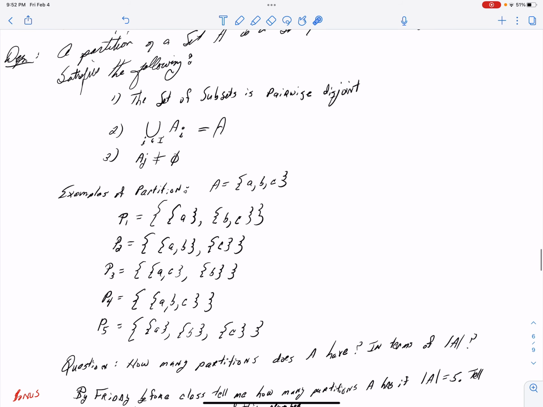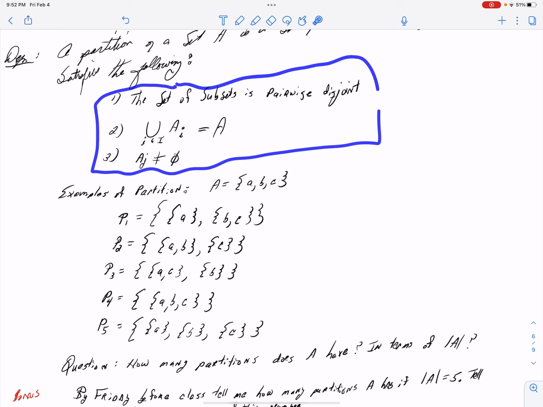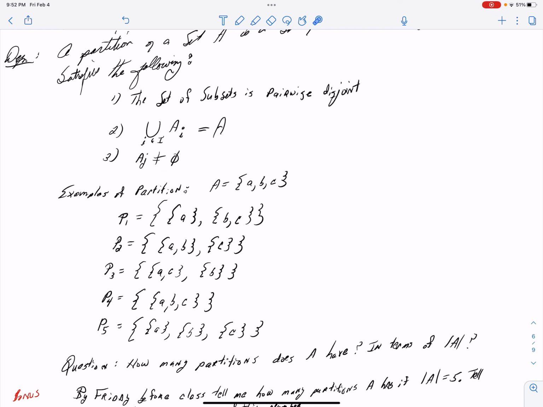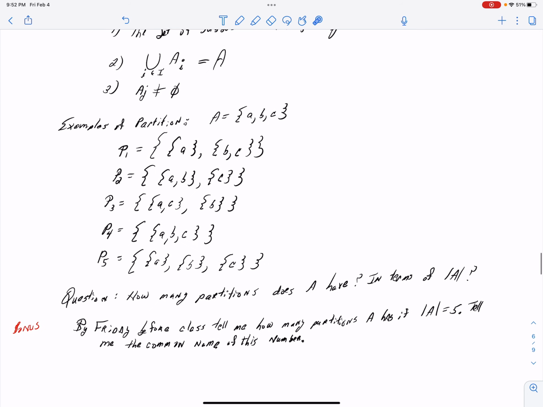And all you have to keep in mind is that it has to satisfy these three things. Namely, any two are disjoint. This says that every element in A has to appear in one of those sets. And this one says none of those sets can be the null set.